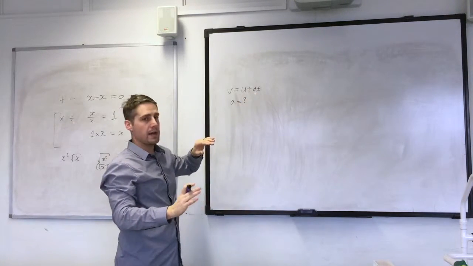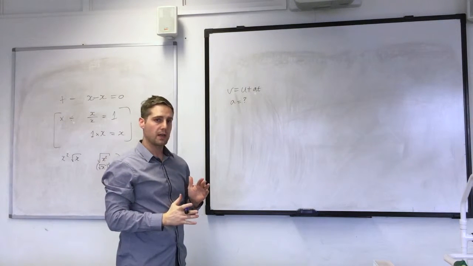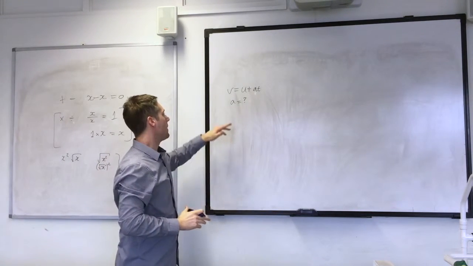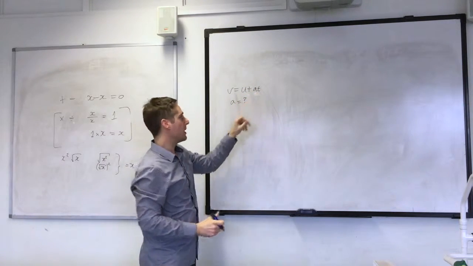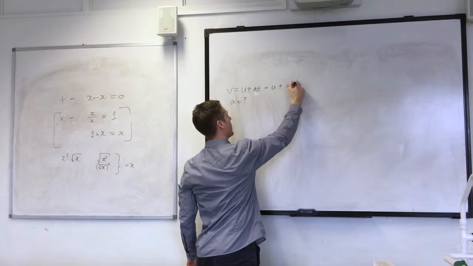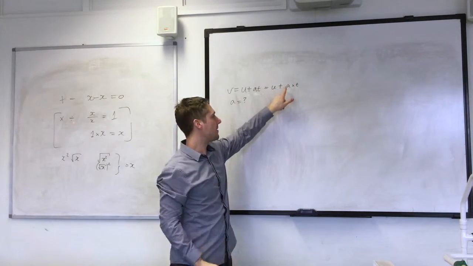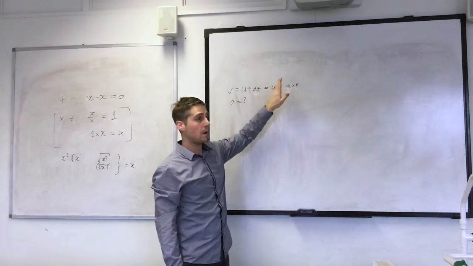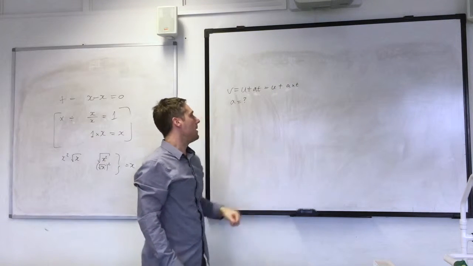Now what I need to do here is deal with any addition or subtraction before I move on to any multiplication. That's the thing you have to do, because I have addition and I have multiplication here. This is the same as u plus a times t. Because I want to get one of these multiplied terms by itself, I have to deal with the addition here first.